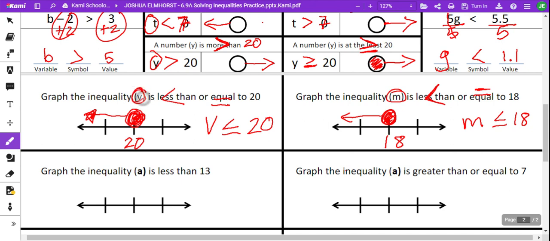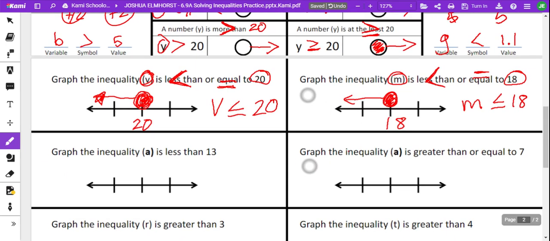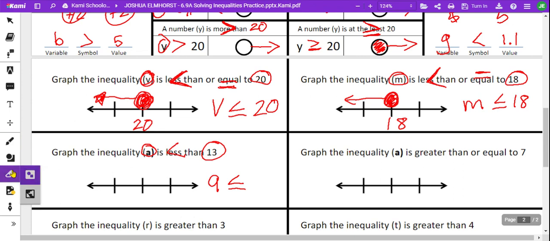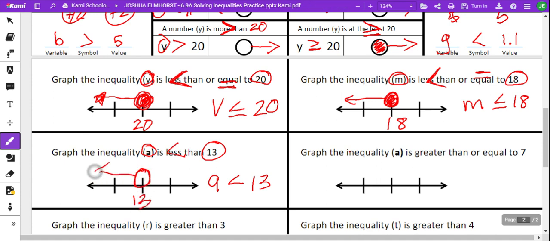On the back side, you're going to check the variable, less than or greater than, check and see if it can be equal to, and then the number. Variable, symbol, and then the value. Where are you starting on the number line? A less than 13. Oh, not equal. Just make an easy number line, 13, open circle, less than.